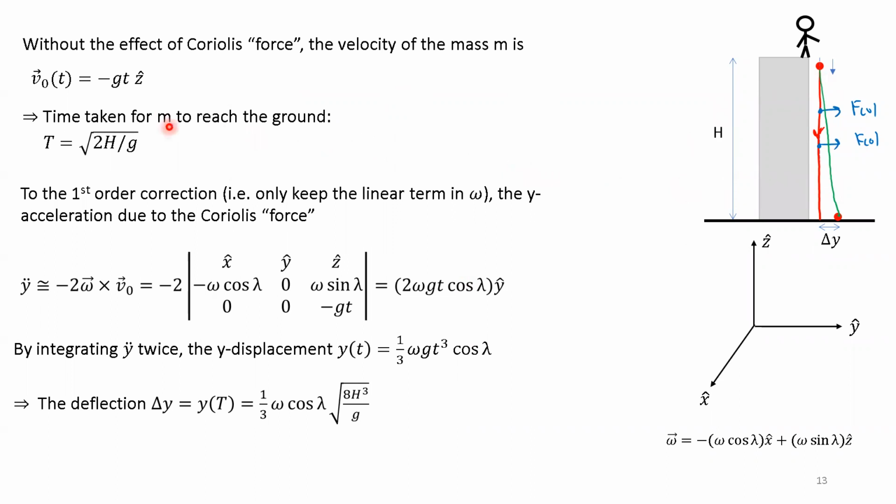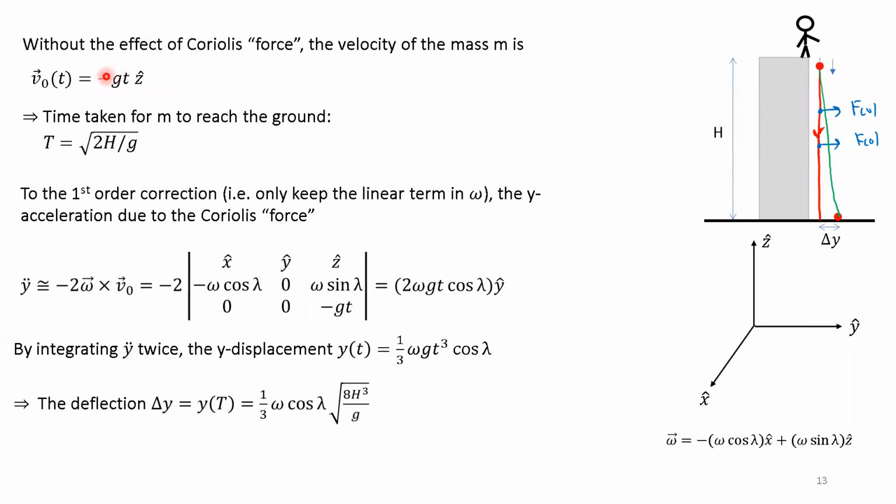We start from the solution where we assume that there is no Coriolis effect, and in that case, what you get is just this simple minus g t for your velocity function.